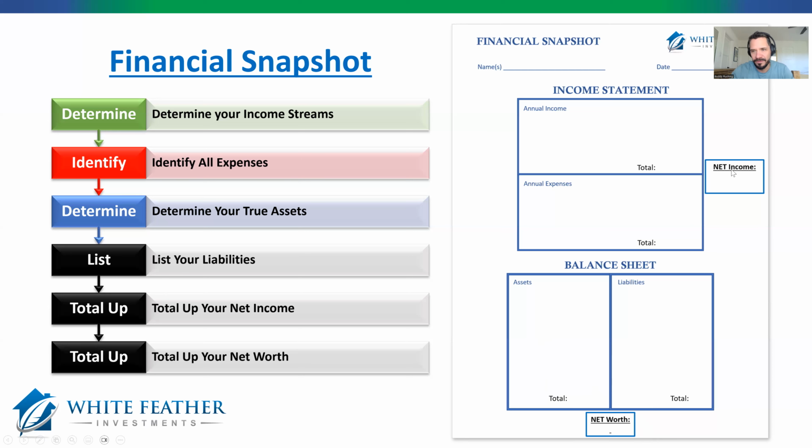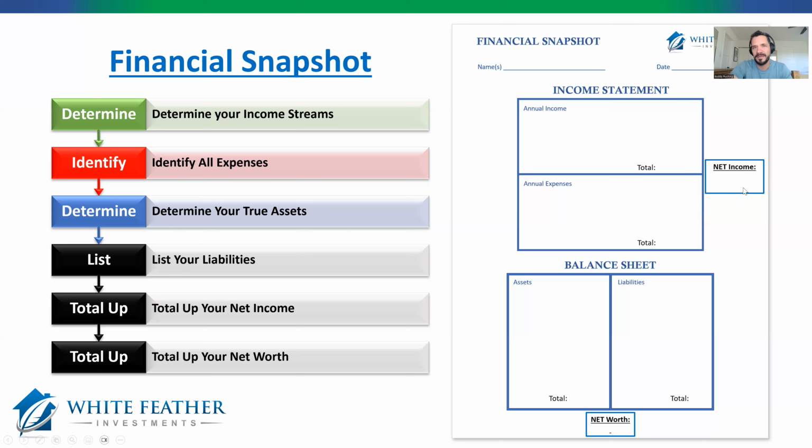Your net income over time, the whole idea, I'm going to give you the secret to being wealthy right now. Are you listening? The secret to being wealthy is to increase your income, decrease your expenses, increase your assets, decrease your liabilities. Because when you do that, your net income gets bigger and bigger and bigger.